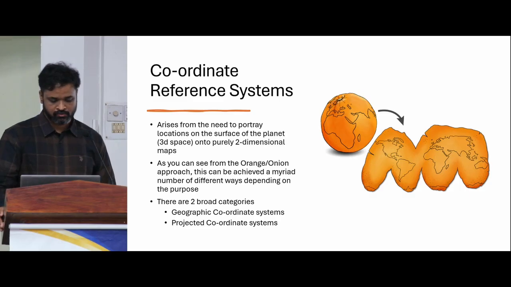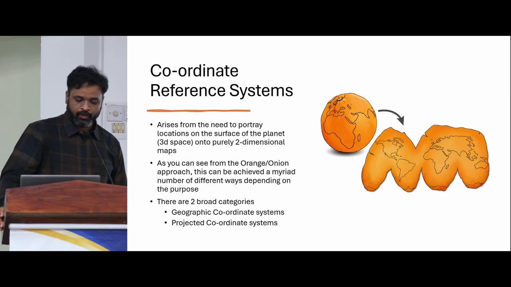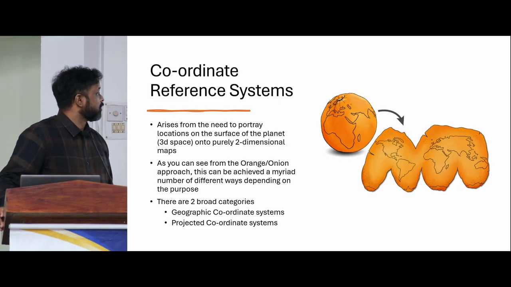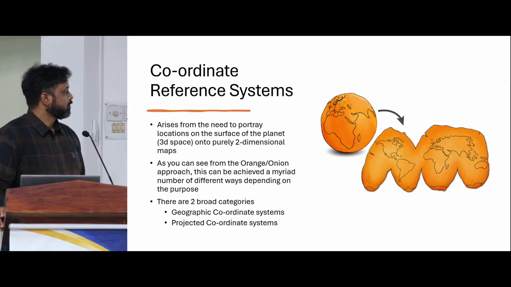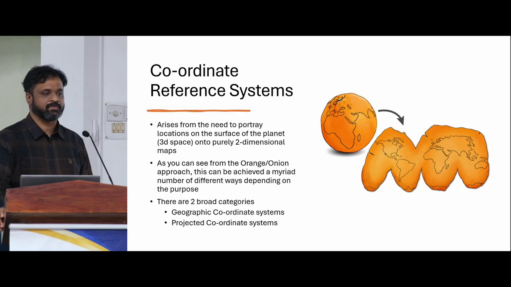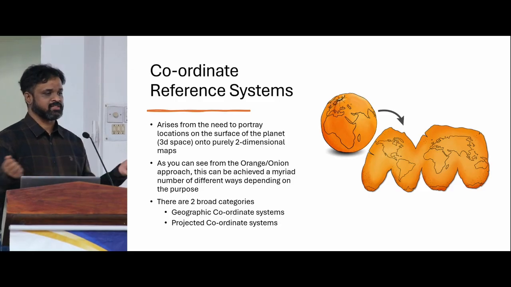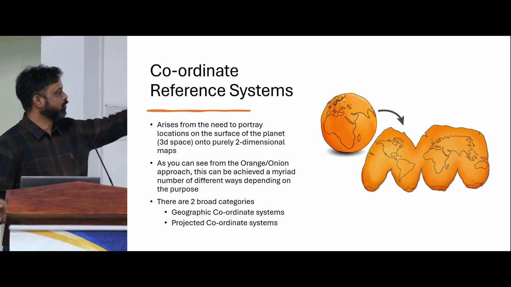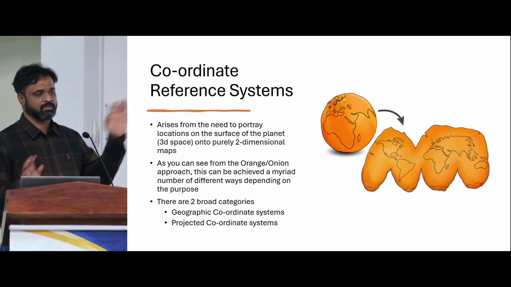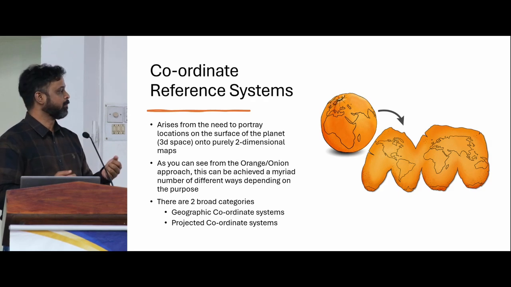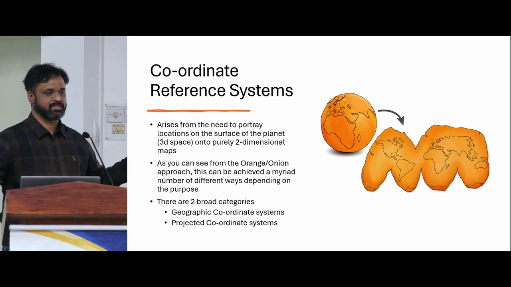Okay, no questions. So now I promised I'll talk about coordinate reference systems. The Earth is not two-dimensional, yet we are representing almost everything about it in 2 dimensions. In order to get it to be two-dimensional, we need to apply some warping to it. If you look at this orange image, for example, the Earth is an orange, but when you make a map, you have to stretch it out.